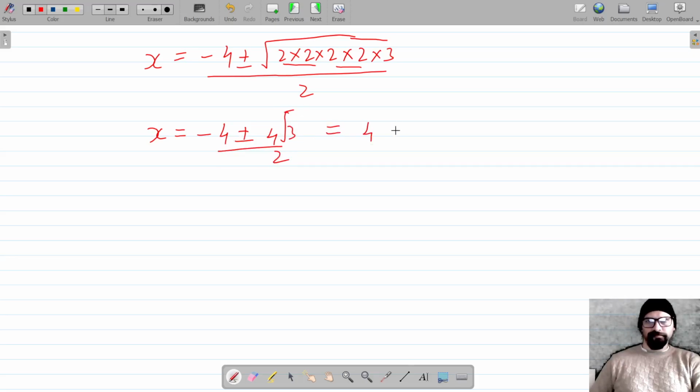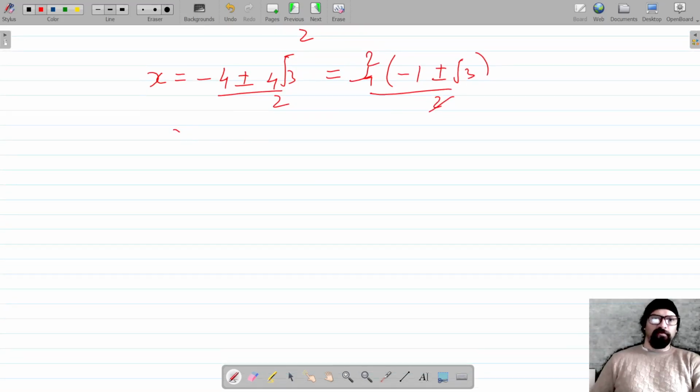So 4 is common, this is now negative 1 plus minus root 3 by 2, which is 2. So x is equal to negative 2 plus minus 2 root 3.